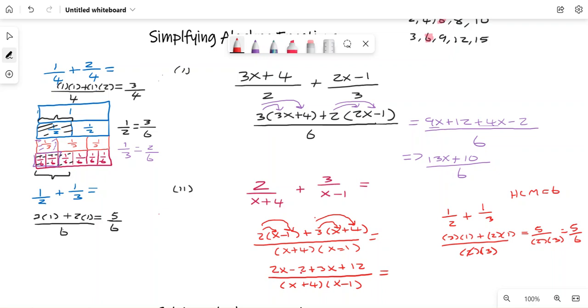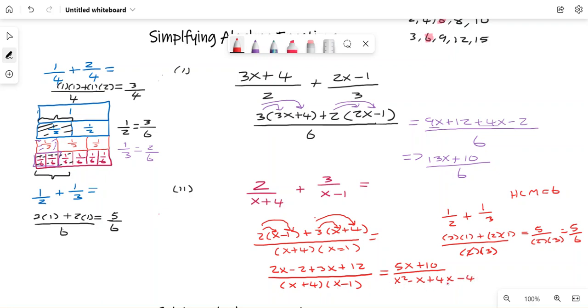So 2x plus 3x gives me 5x, and minus 2 plus 12 gives me plus 10. And that's all going to be over x plus 4. Well, actually, if we multiply these out as well, x by x gives me x squared, x by 1 gives me minus x, 4 by x gives me plus 4x, and 4 by 1 gives me minus 4.